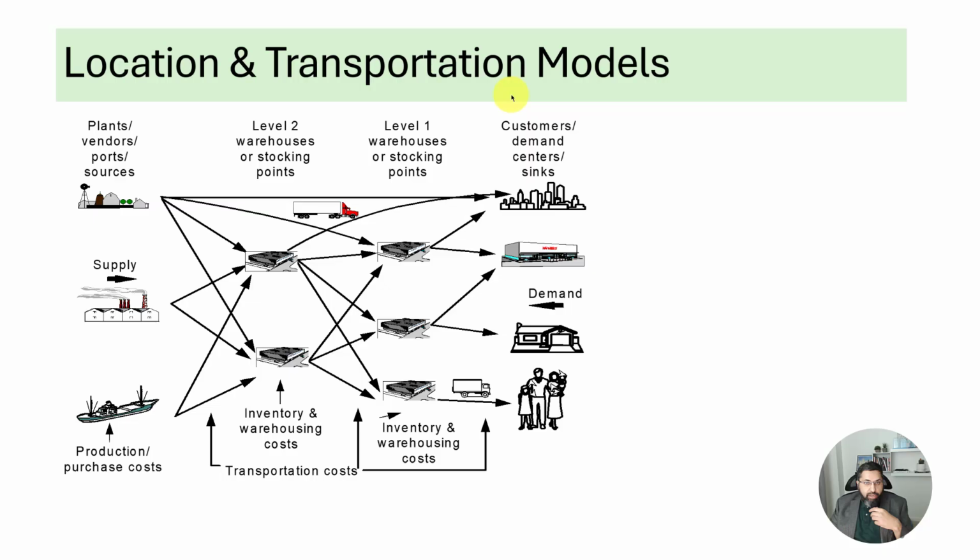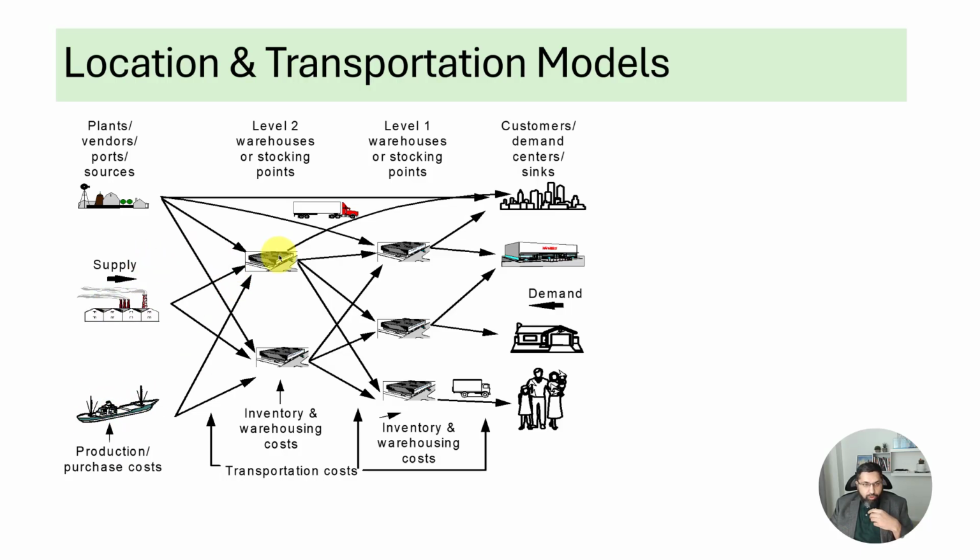This is a pictorial representation of a logistics network. So you have supply sources on the left, which could be vendors, could be a factory, could be imported product on a ship.